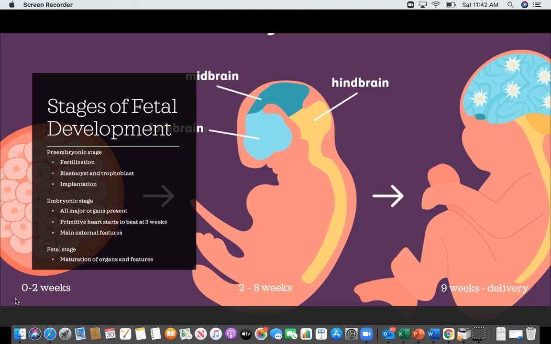All of the main external features are also present by the end of the embryonic stage, including the arms, the legs, the fingers, the toes, and even the nose. The fetal stage starts at week 9 and lasts until the delivery of the baby. During this stage, all of the organs and structures are growing and developing.